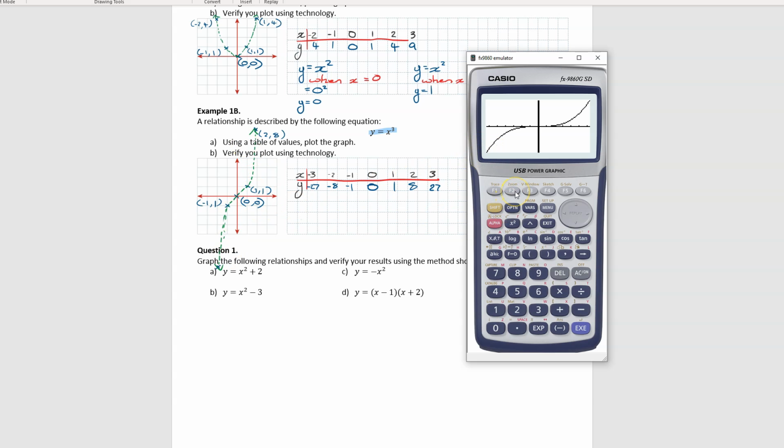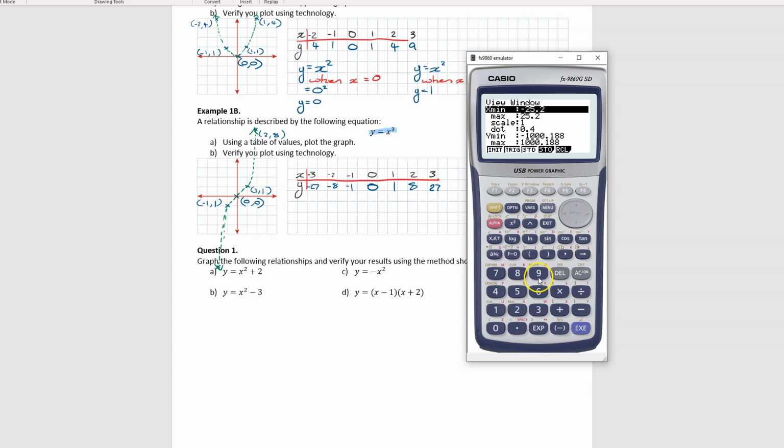Now if I wanted to get a different view, I can move the D-pad around like so. Or alternatively, I can go to zoom and I might want to zoom out, click out, then go exit. Zoom, out, execute. And that will allow me to go in and out. Similarly, I can adjust this manually by going to F3 into window.